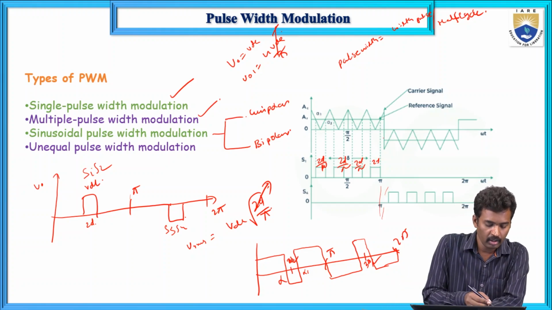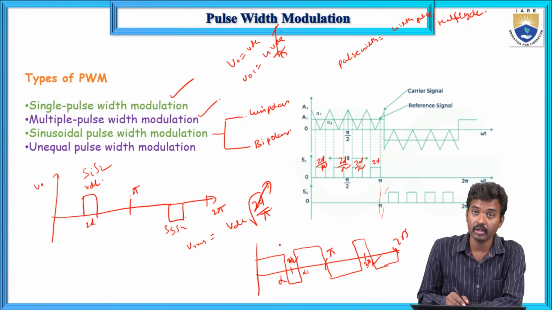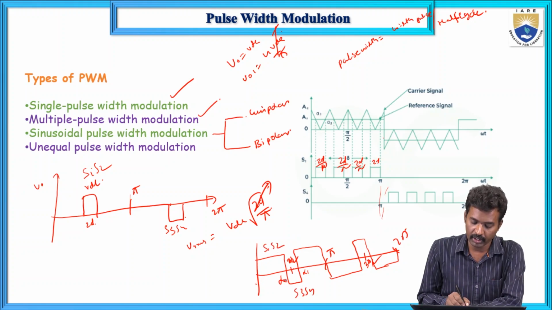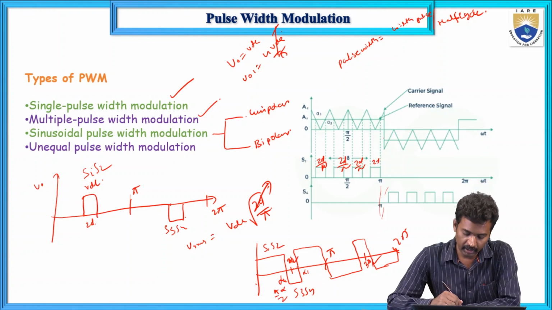This is the unequal pulse width. Here S1, S2 will conduct from 0 to alpha, and S3 and S4 will conduct from alpha to pi minus alpha, that is pi by 2 minus alpha to pi by 2 plus alpha. Next, from pi by 2 plus alpha to pi, S1, S2 will conduct.